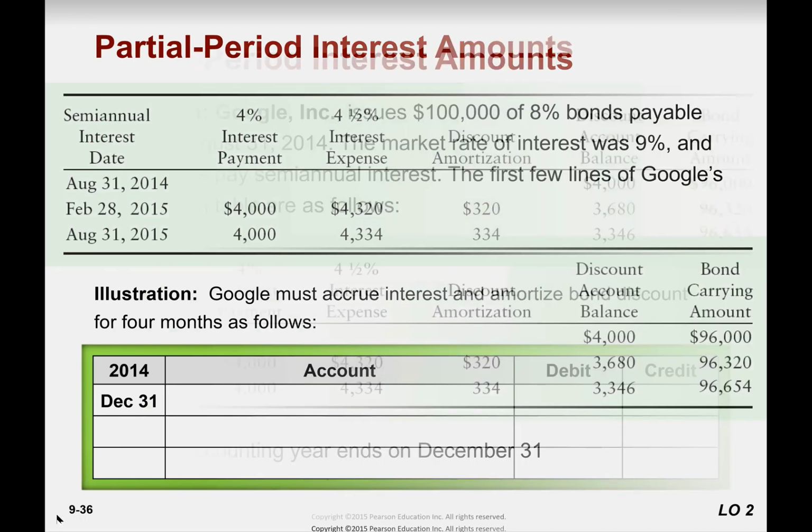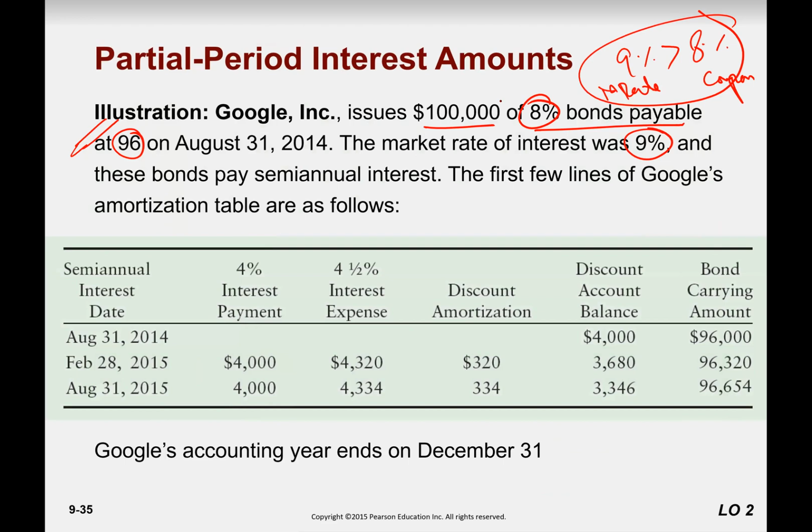The company receives a total amount of 96% of 100,000, which is 96,000, right? So this is how they make the amortization table here.